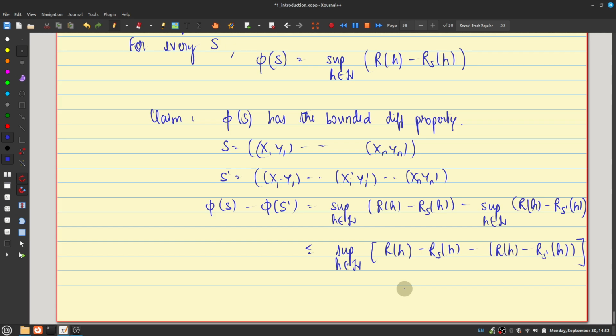Correct. Put that H in the second term, it's always going to be less than or equal to the supremum over H. It's a negative. Correct. So basically I'm using the property that maximum of A minus maximum of B is less than or equal to maximum of A minus B, when the maximum is taken over all A and B.